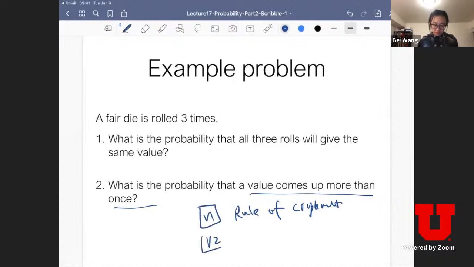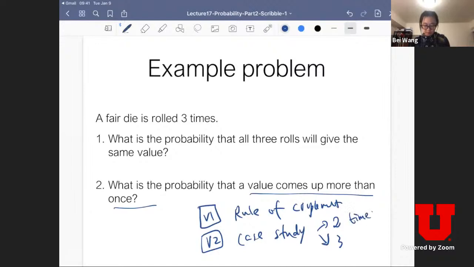You can also use what I would call a case study, where a value comes up more than once. That means it comes up either 2 times or 3 times. Those are the cases. Of course, for this particular example, if you use the rule of complement, you might have a simpler formulation.